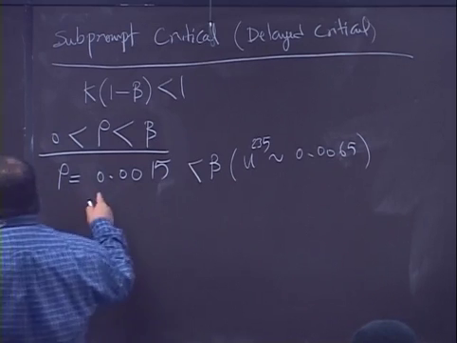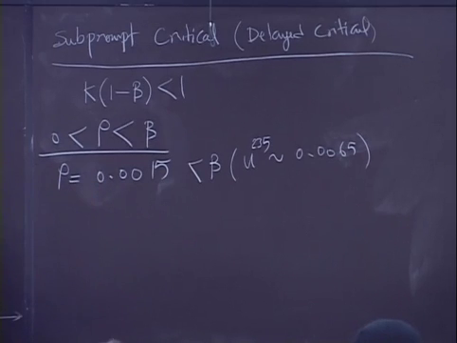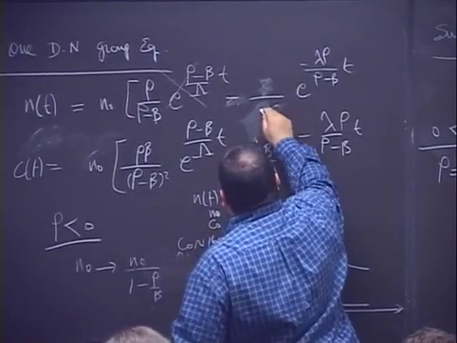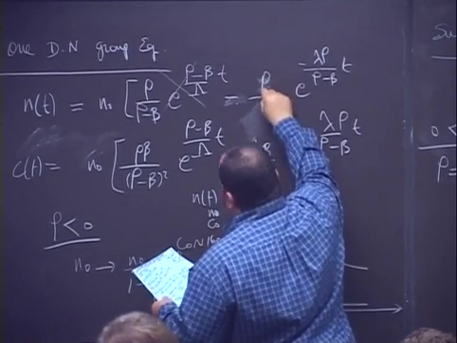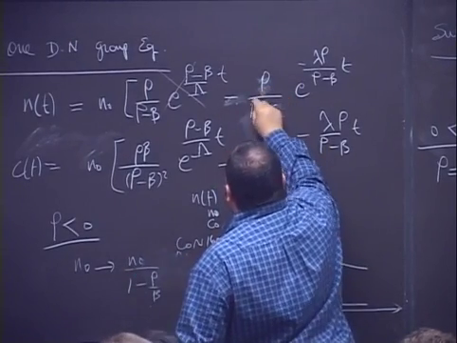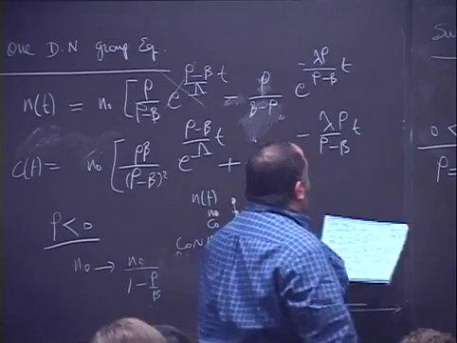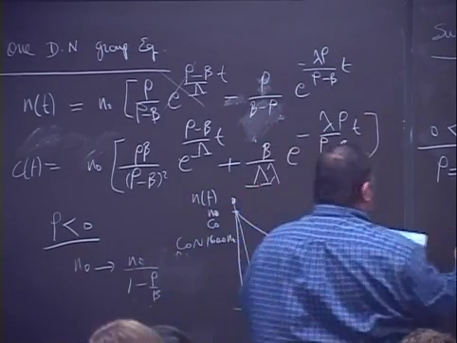So if you substitute in this equation, this was rho divided by beta minus rho. If you substitute in those two equations, you will get the following.